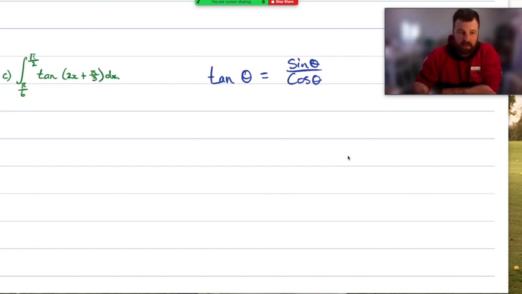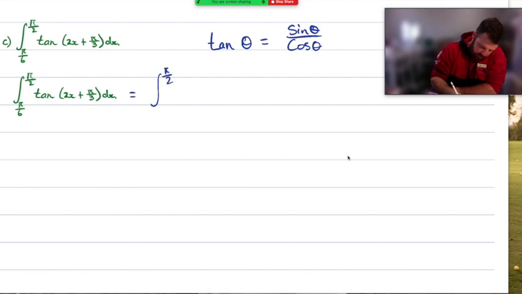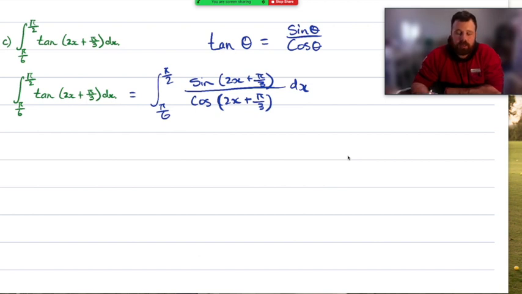So this integral is equal to the integral between pi on 2 and pi on 6, and I'm just going to express tan in terms of sine and cosine. So sine of 2x plus pi over 3 all over cosine of 2x plus pi over 3 with respect to my small change in x.